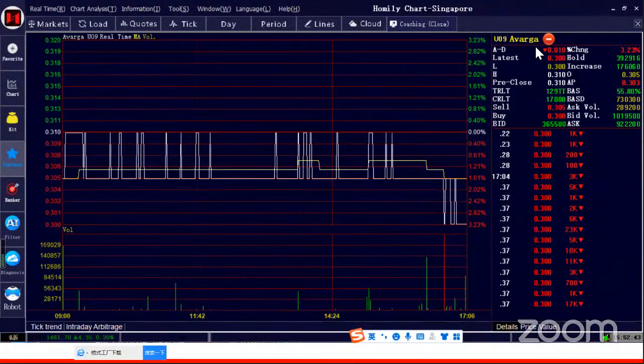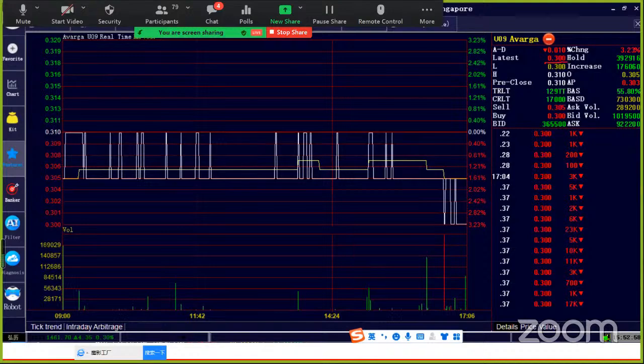So, for example, the last trading price was 0.3, and this information shows a drop of 0.01.